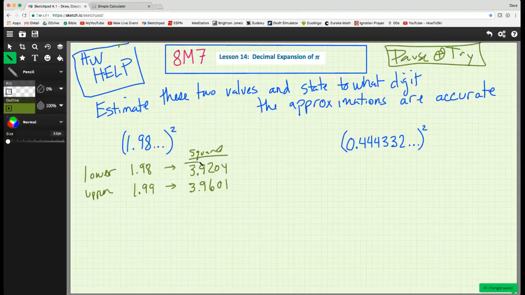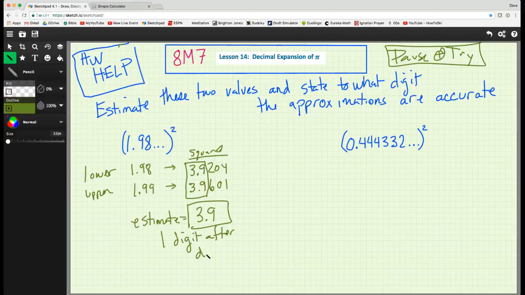So as far as I can go is this digit here, and so my estimate is 3.9, and so that's 1 digit after the decimal.